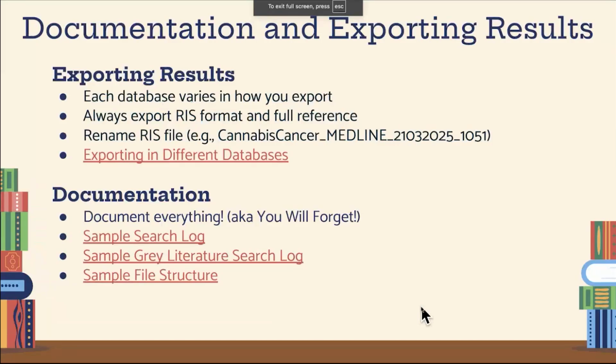Just so that you're aware for documentation, once you've done your search in each database, getting the results out will vary from database to database. You can always just Google Medline export results, and someone will tell you exactly how to do it. But my tips are to always select the RIS format when you're taking references out.